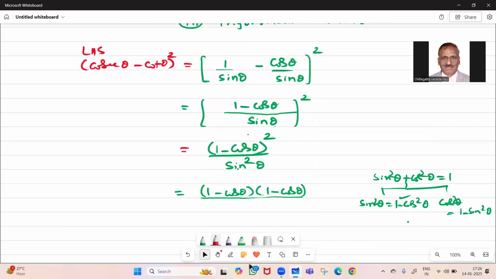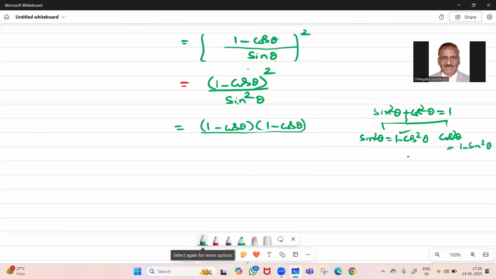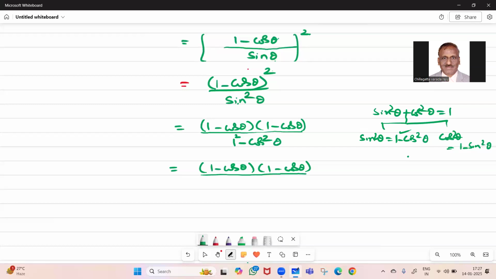What is the next step of your calculation? Sin square theta, I can write as 1 minus cos square theta. Don't you see the denominator is in the form of a square minus b square? 1 can be written as 1 square. So a square minus b square is nothing but (a plus b) into (a minus b). That is (1 minus cos theta) into (1 minus cos theta) in the numerator. And in the denominator, I will apply this formula, a square minus b square is equal to (a plus b) into (a minus b), again this algebraic identity.